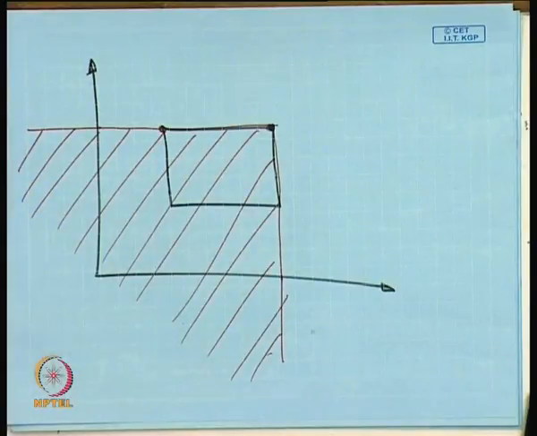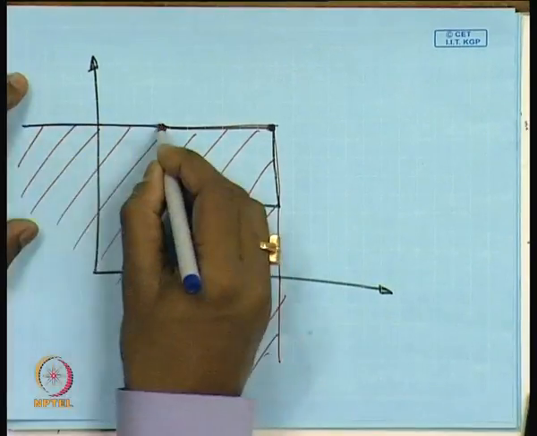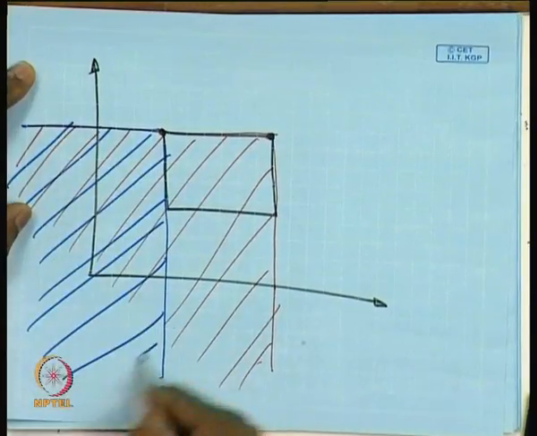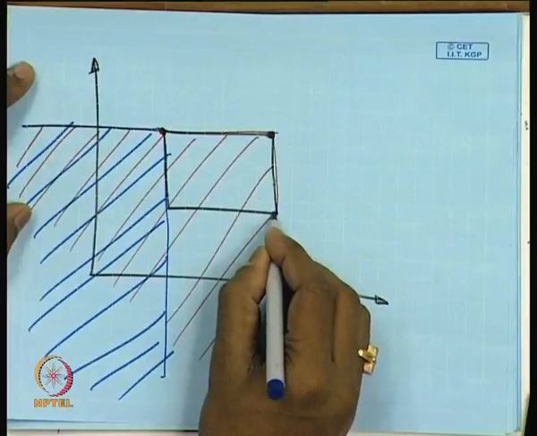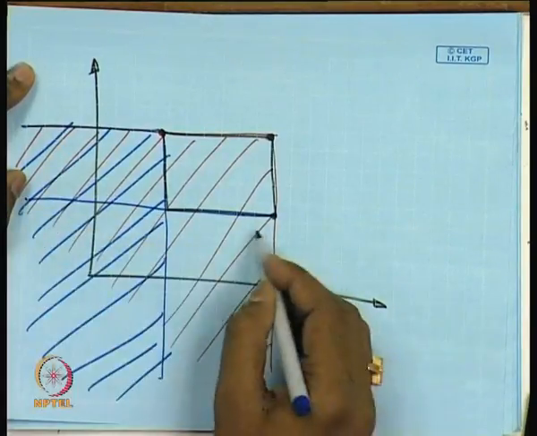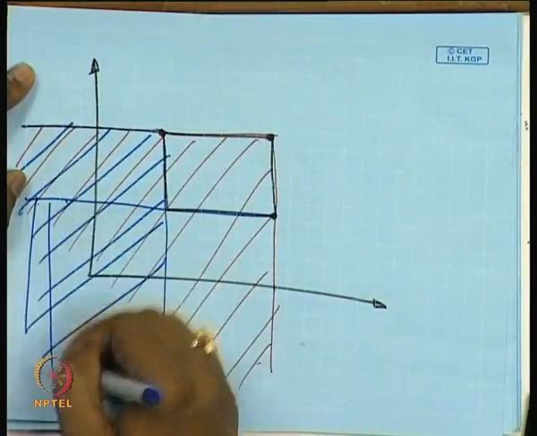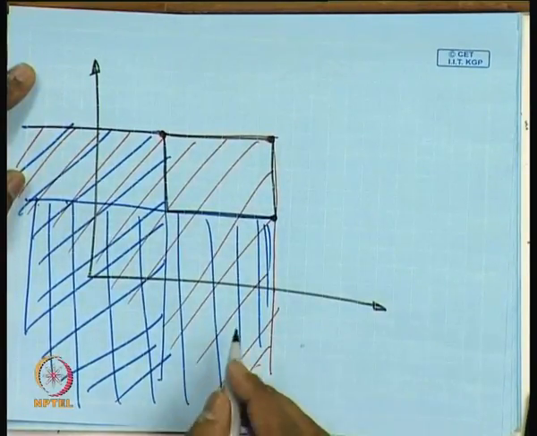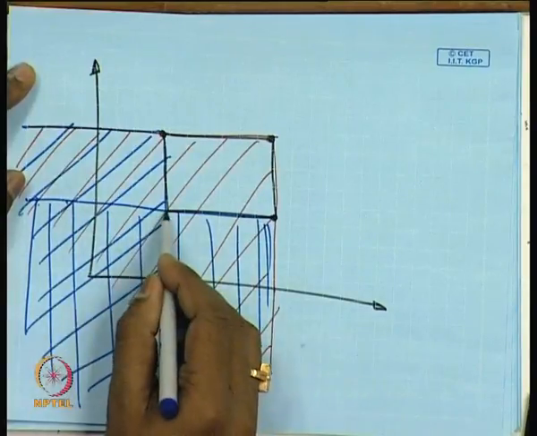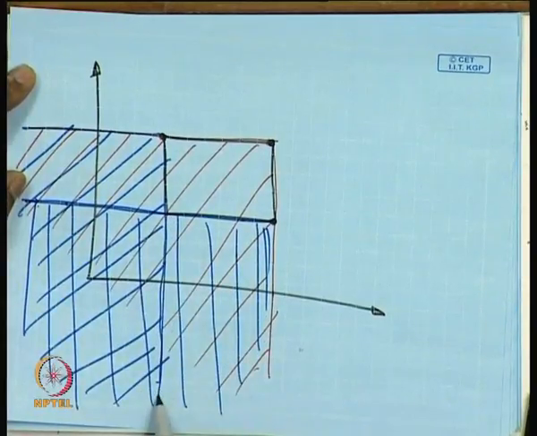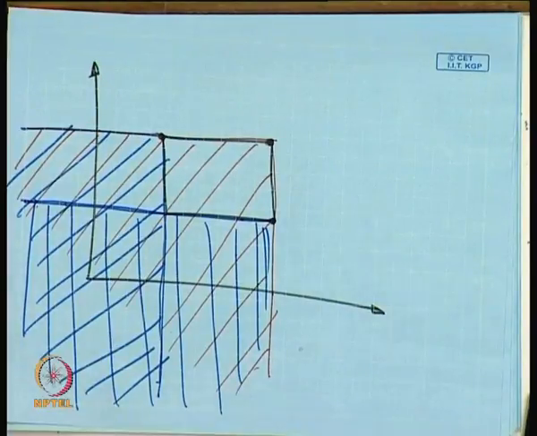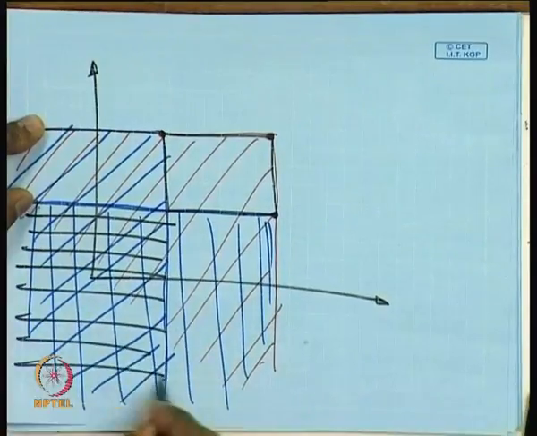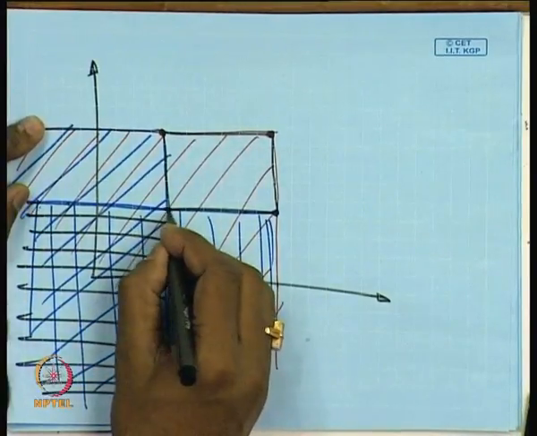Let me use another color. So this total area minus this area minus this area. Now you see that in this process this area has been deducted twice, so this area should now be added, which is nothing but the total volume up to this point.